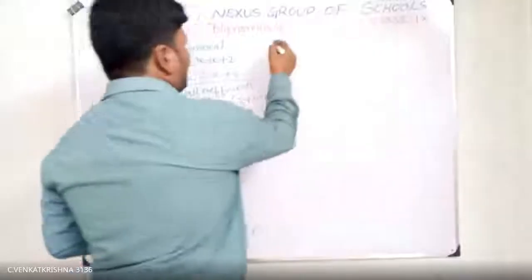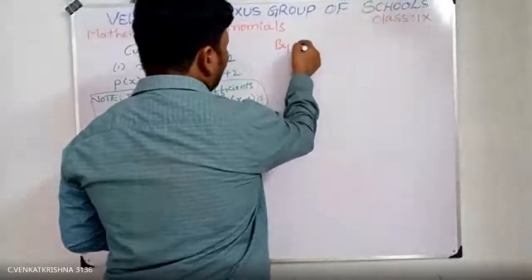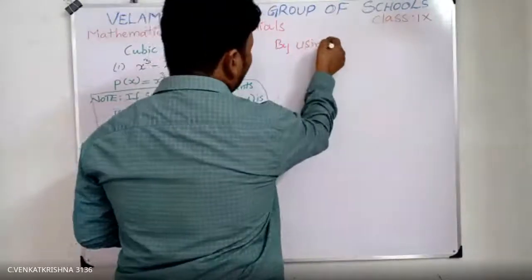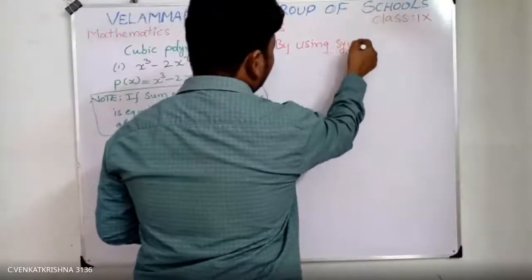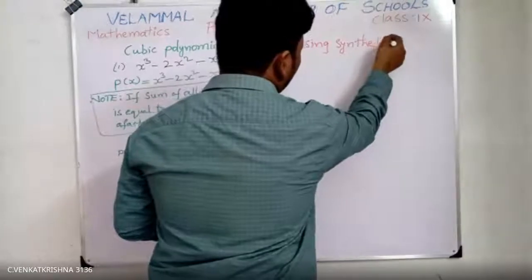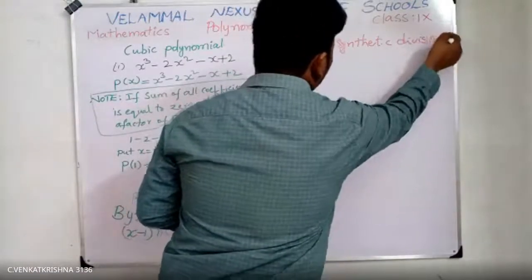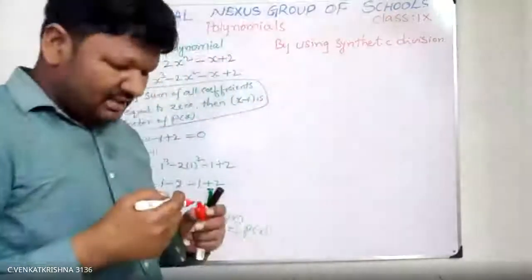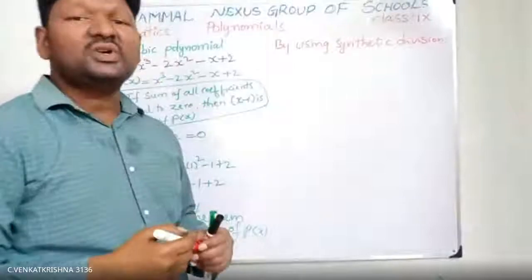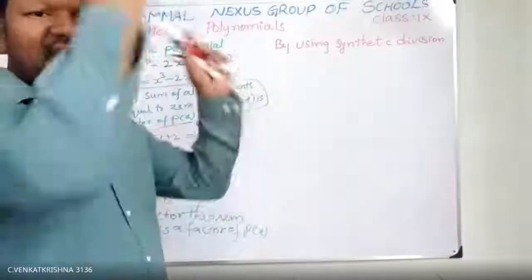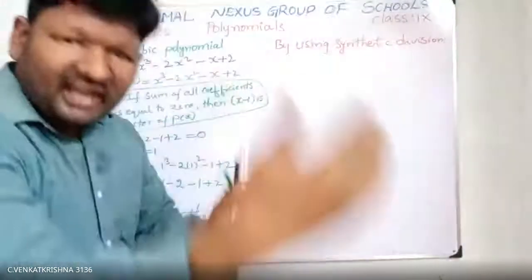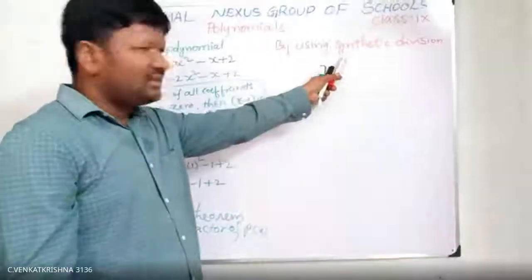Synthetic division means what? Yesterday we discussed it. Synthetic division is a shortcut method for finding the zeros of a polynomial. It means we can divide a polynomial by linear factors only in the synthetic division method.